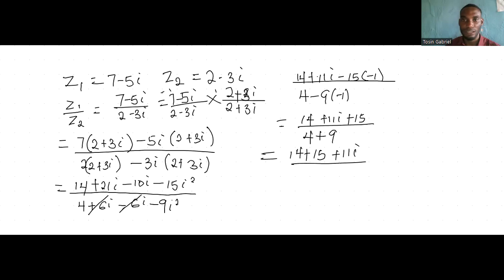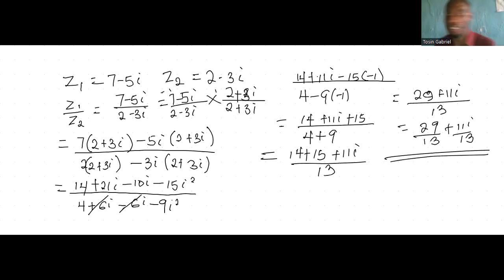So finally, you can have something like 29 divided by 13 plus 11 over 13. So that is simply the answer. I hope you understand. So let's go further.